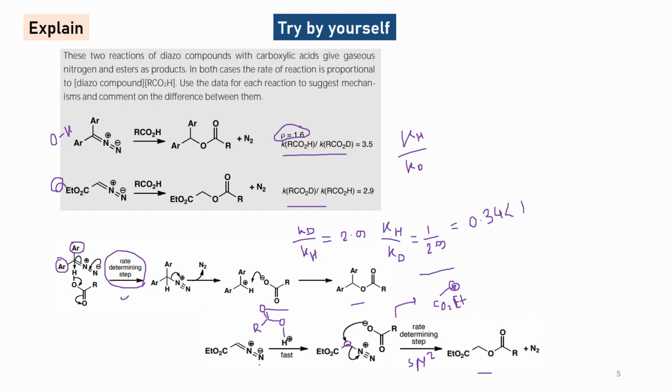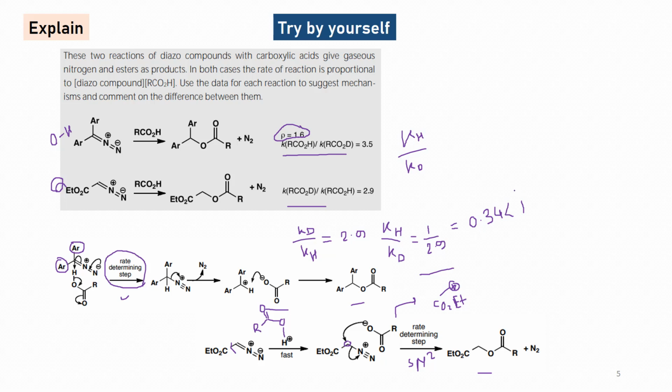Whereas due to the electron withdrawing effect of this CO2 group, the carbocation formation step is not feasible. That's why this reaction goes through an SN2 pathway and makes the second step the rate determining step. Understood?